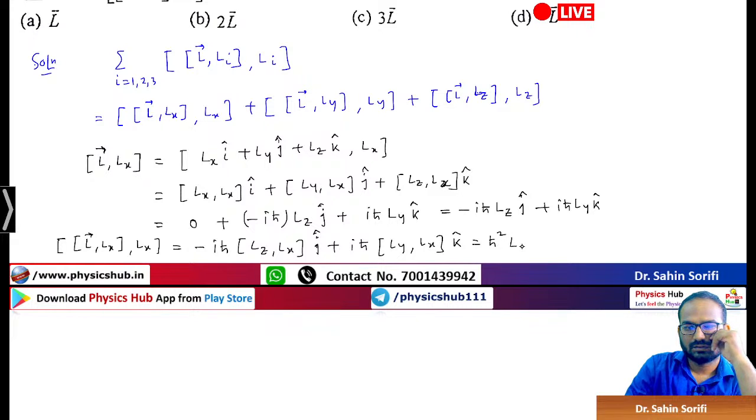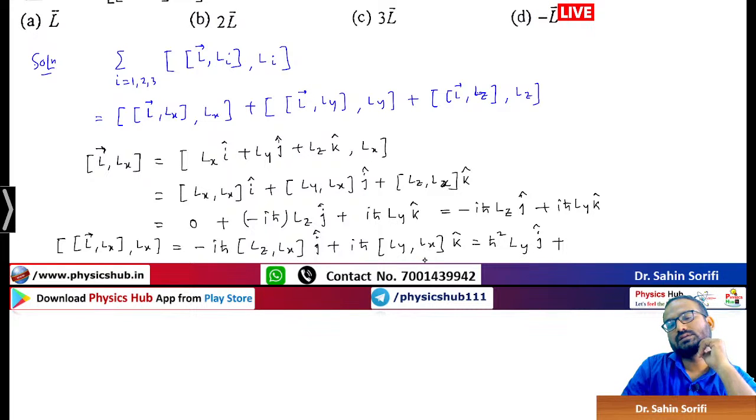Ly j cap plus Ly Lx is minus i h cut Lz, minus i h cut times plus i h cut is plus h cut square Lz k cap.